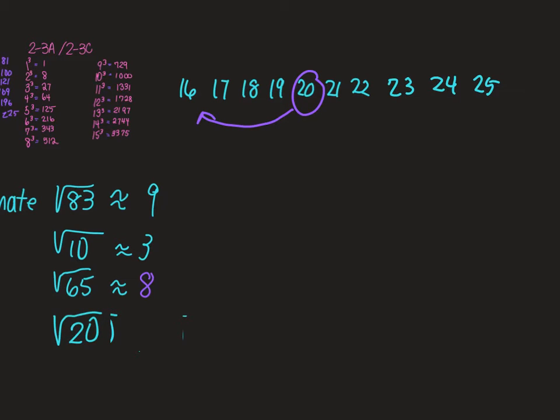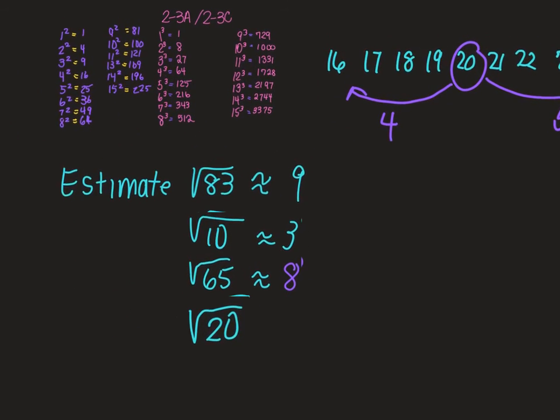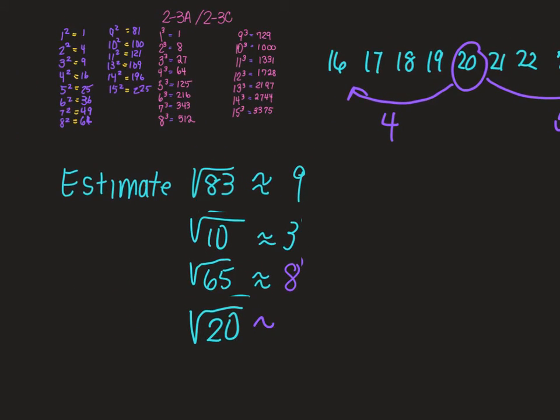Well, it's only 4 away from this guy, but it's 5 away from this guy. So it's actually closer to 16. So I would say the square root of 20 is about 4. It was closer to 16, and the square root of 16 is 4.